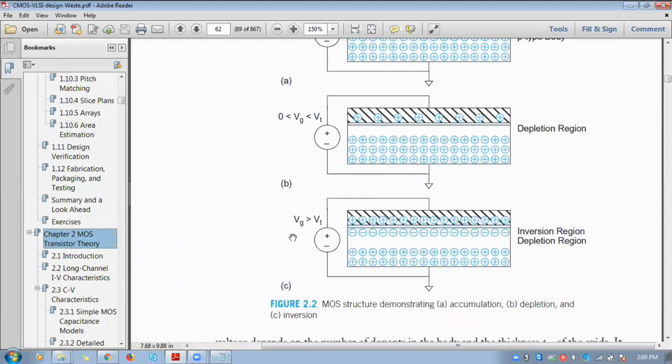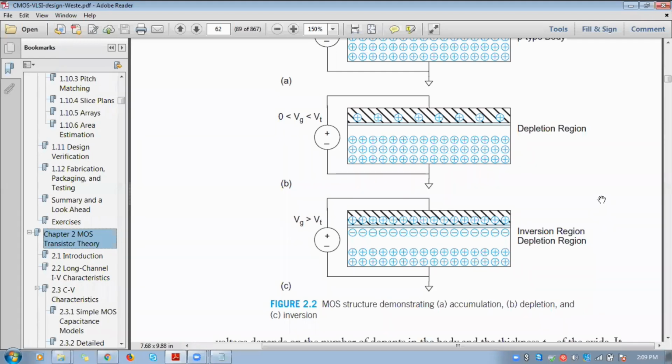In the third case, we are again increasing the gate voltage. Now it is greater than the threshold voltage, so it is a more positive potential. What is happening here is your P substrate has more positive charge carriers, that is your majority charge carriers, and also some minority charge carriers, electrons.